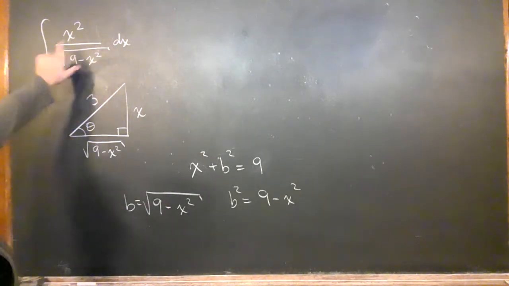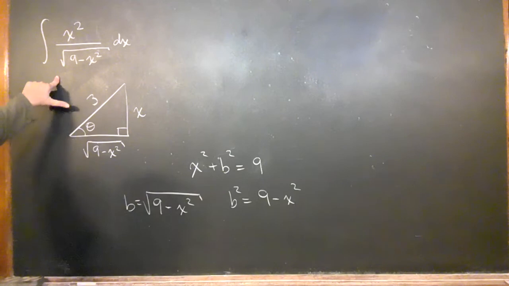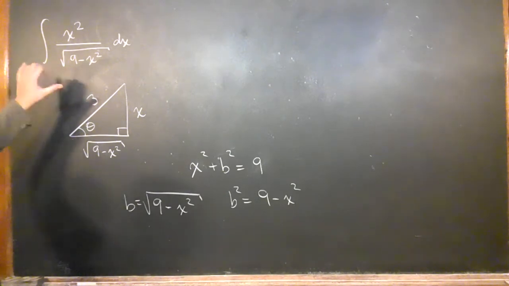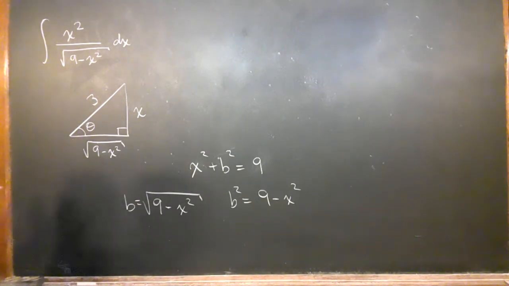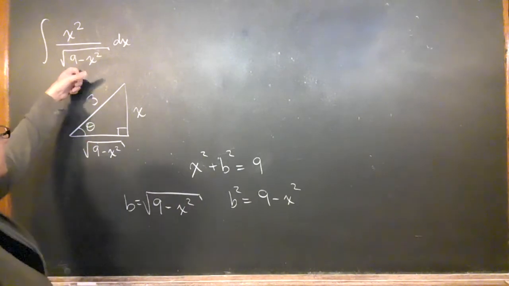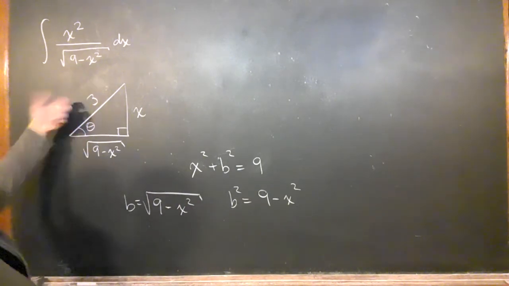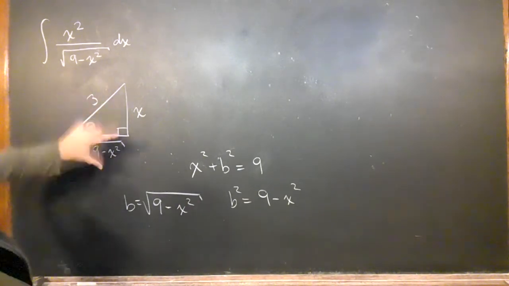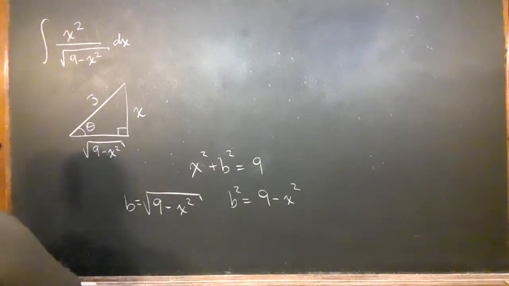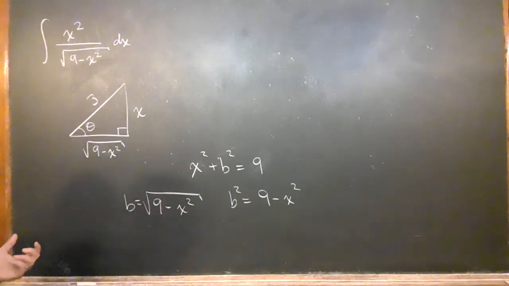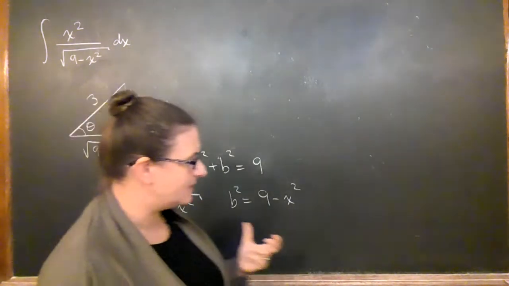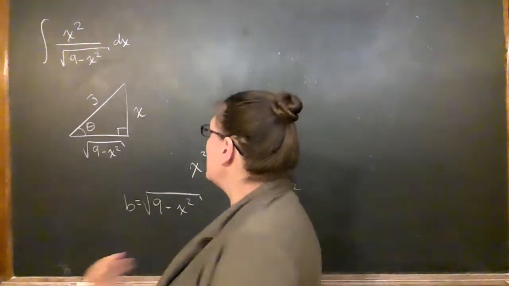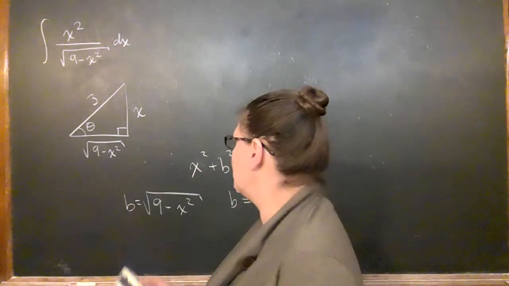I'm looking at that form, that square root, and thinking, what kind of triangle will give me that kind of square root? If I'm taking something away from 9, then 3 must be the hypotenuse. All right? So you kind of see what is going on here. And now, what am I going to do with it? The idea of this substitution is to get rid of the x and put it into theta.